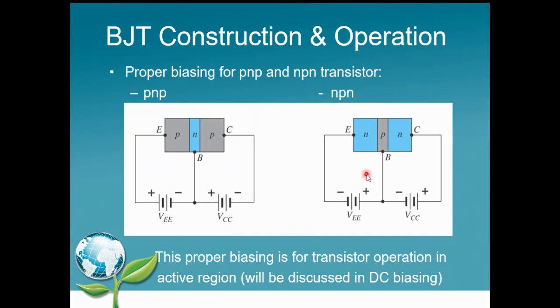So what happened with the NPN? For the NPN, this is forward bias and this is reverse bias. You should check it later and compare the operation for the PNP and NPN. Just remember the condition of the forward bias and the condition of the reverse bias.